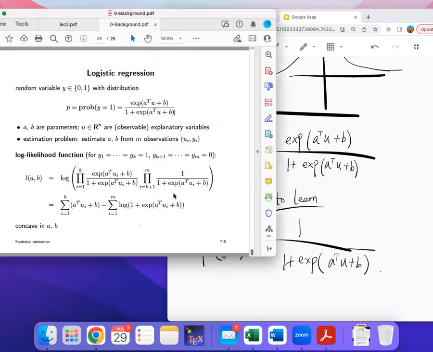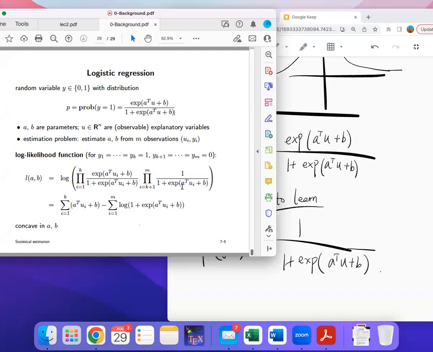So this is the probability of Y equals 0, the probability of observing zeros for those patients. And so multiplying all of them together is the probability of observing the entire data set, right?